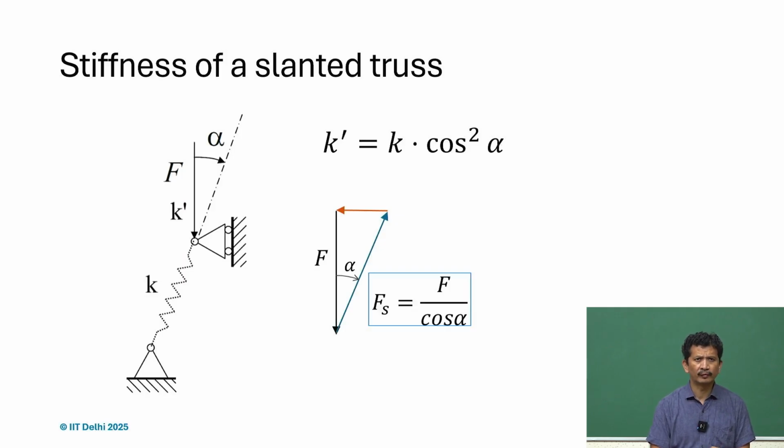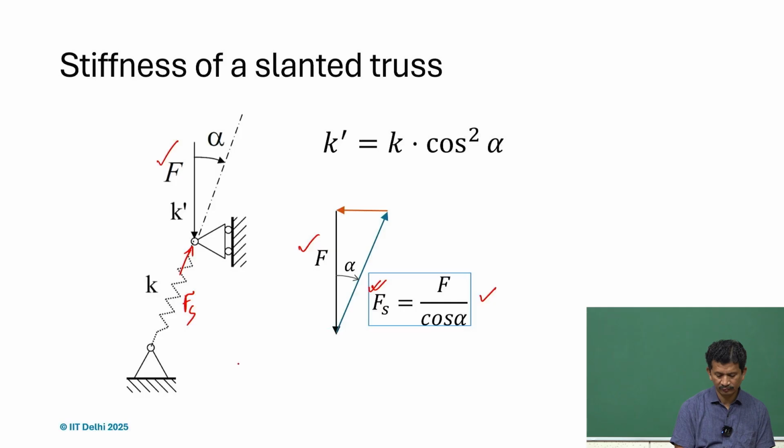Otherwise also, since we know the triad, this is the applied force F here. Now this is the spring force, so this is the force we are talking about, and if we do a little mathematics here, what we realize is that F by Fs is cos alpha.